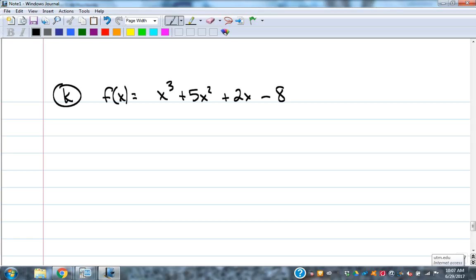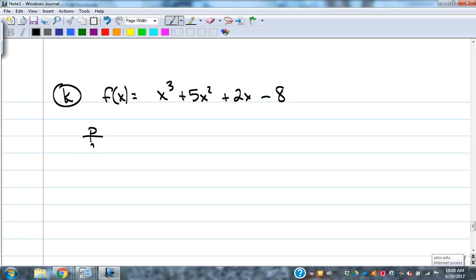It's x to the 3rd power plus 5x squared plus 2x minus 8. How many times do I need to do synthetic division on this problem? Once, right? 3 minus 2 is 1. So I'd only need to do synthetic division once.